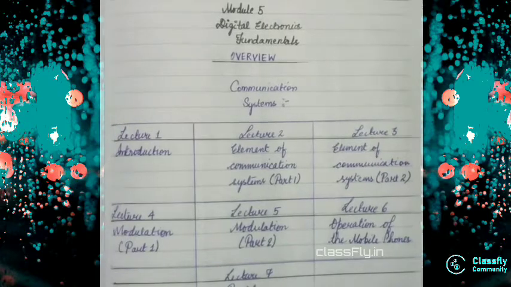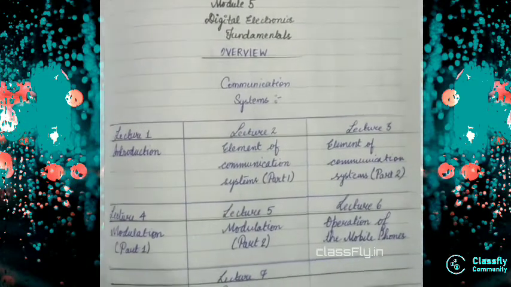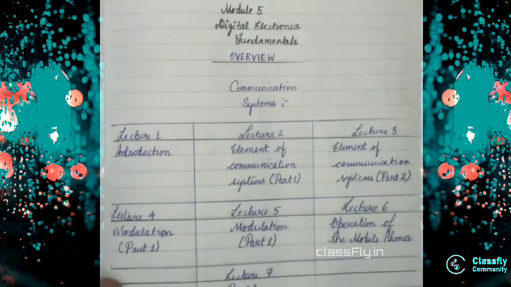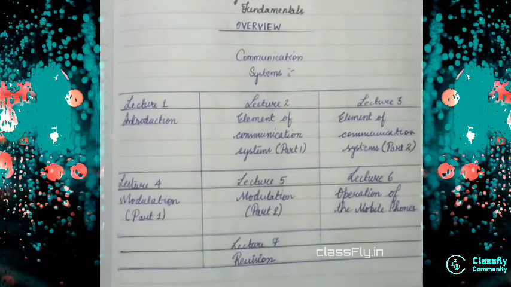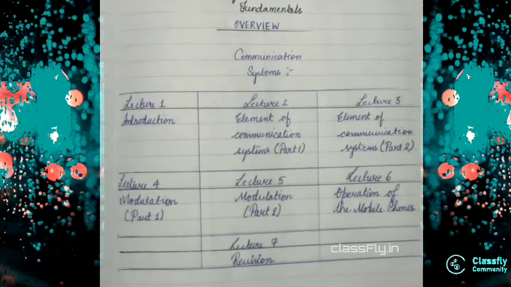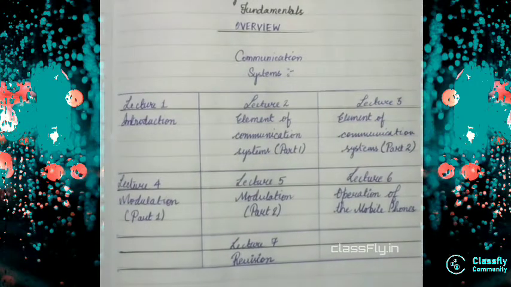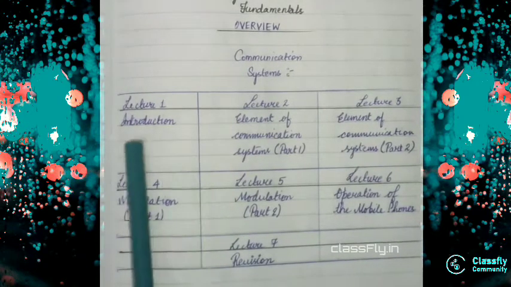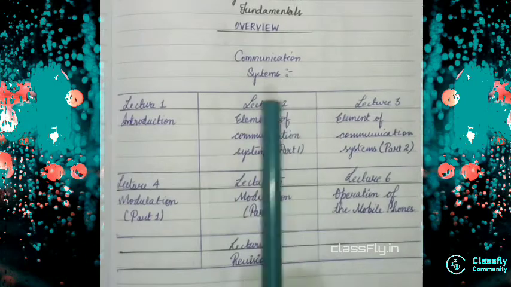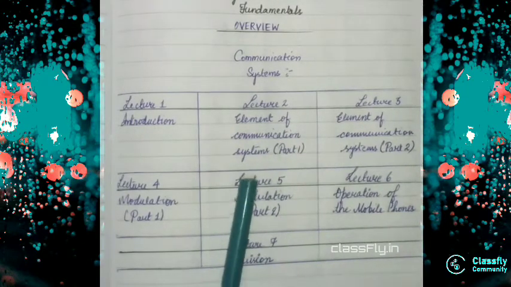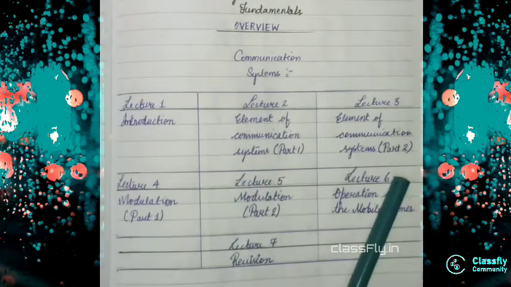As you all know, Module 5 is the Digital Electronics Fundamentals, right? So this module is divided into two parts. That is, one will be your communication system and another will be your digital electronics. So see, communication systems have 7 lectures, and lecture 1 is the introduction about the communication system, while lecture 2 and lecture 3 respectively are the elements of the communication systems part 1 and part 2.